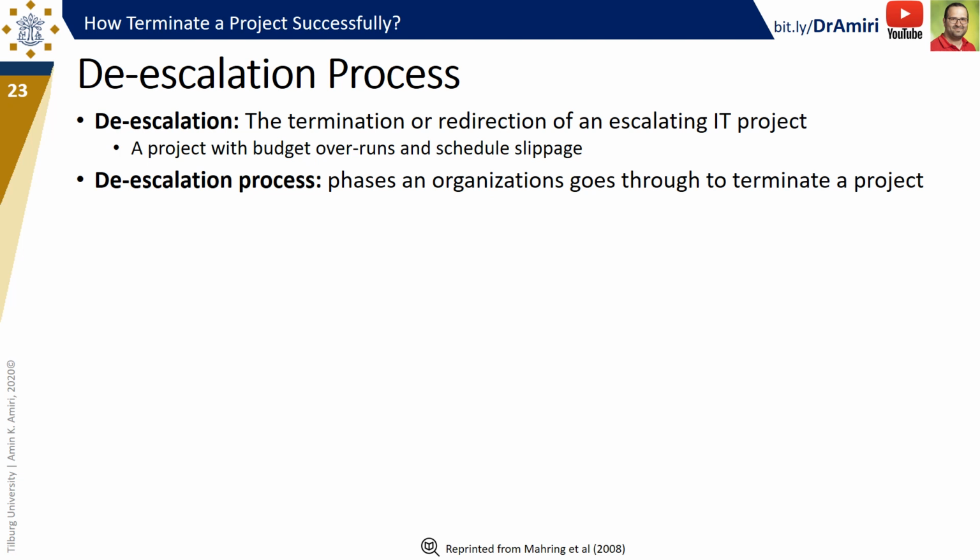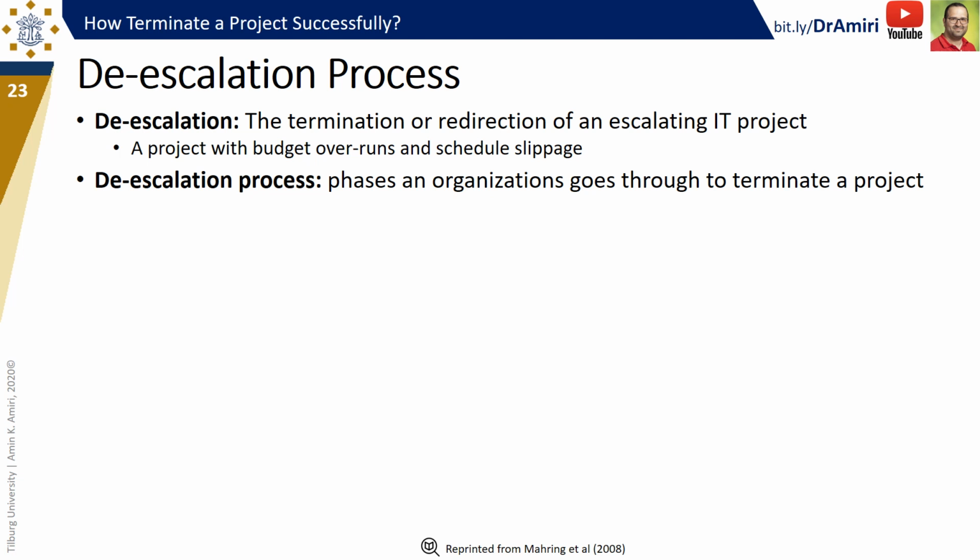Here, I would like to describe the de-escalation process of an escalating IT project, a project that is going through a rise in uncommitted cost of resources such as labor, materials, equipment, a project that does not reach its milestones.